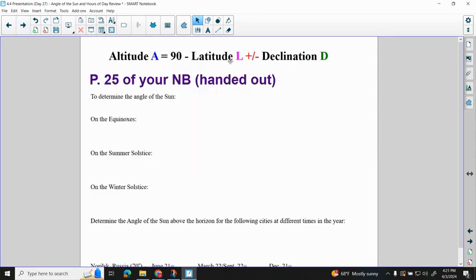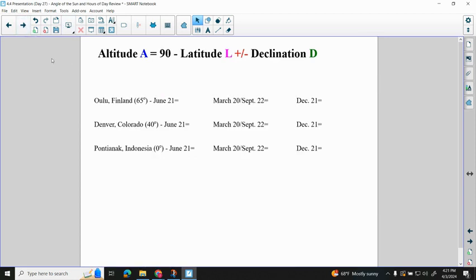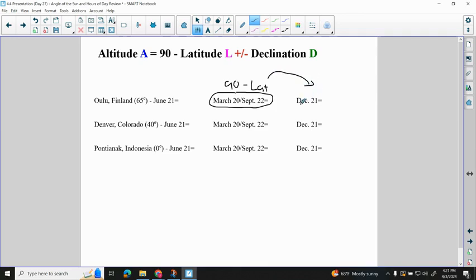So again, going to that formula right here, I'm going to show you, and I'm going to have to use my pen here. These dates right here, these are the equinoxes. You just do 90 minus latitude, okay? When I'm coming from here to here, I do 90 minus latitude, but December 21st is the first day of winter when the sun's direct rays are south of the equator.